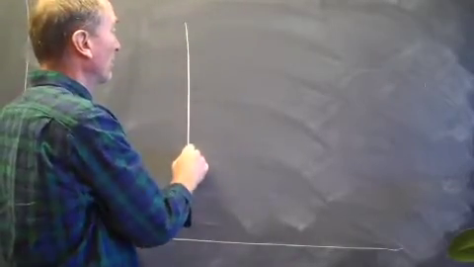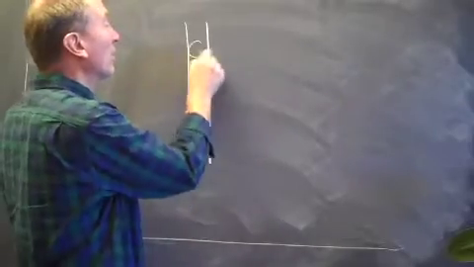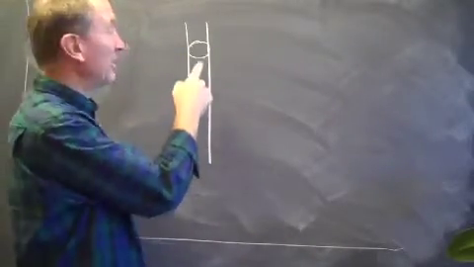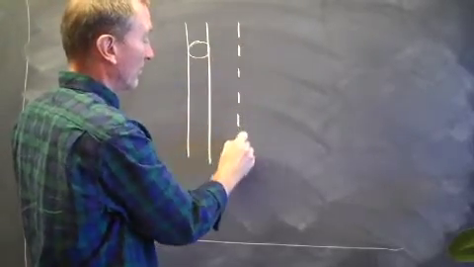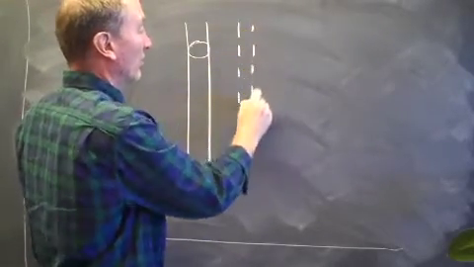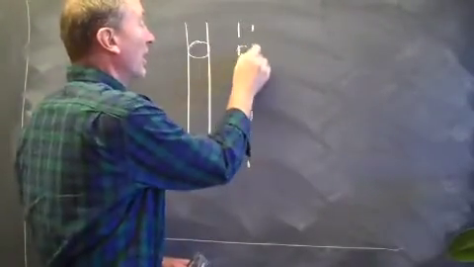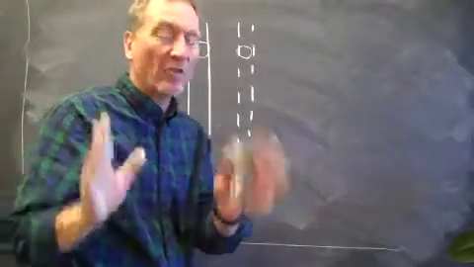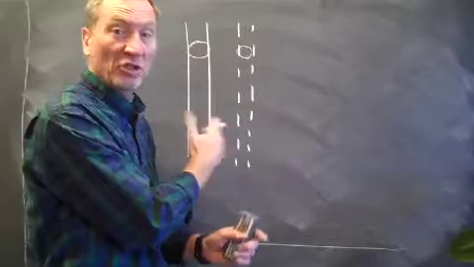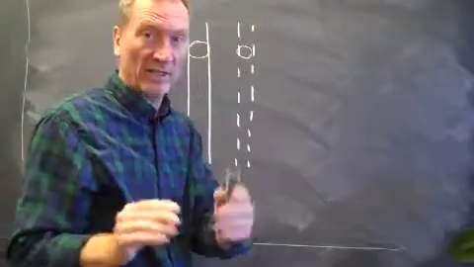Okay, so here we go. There's our first homolog, and those are the two sister chromatids held by a centromere. There's the other homolog, also with two sister chromatids held together by a centromere, and the reason it's dotted is just to distinguish between the two homologs in this pair.